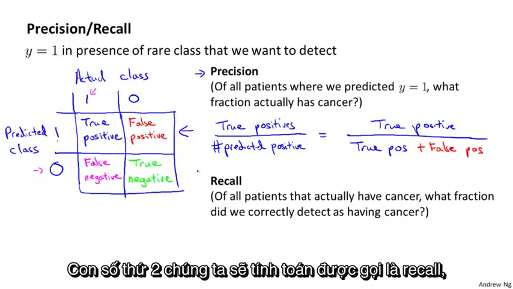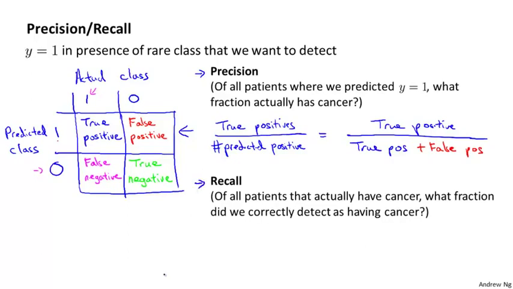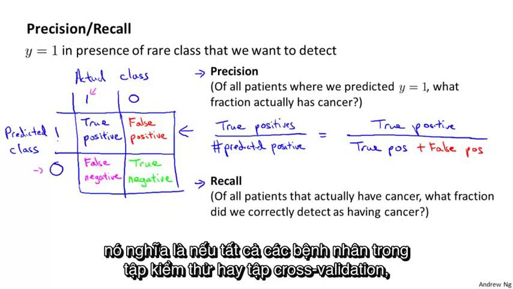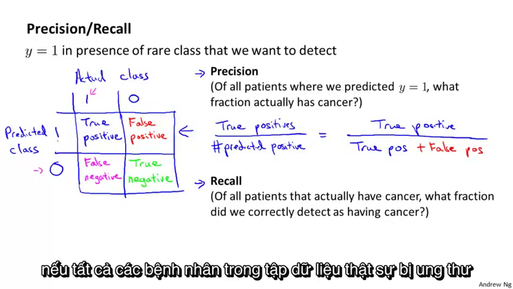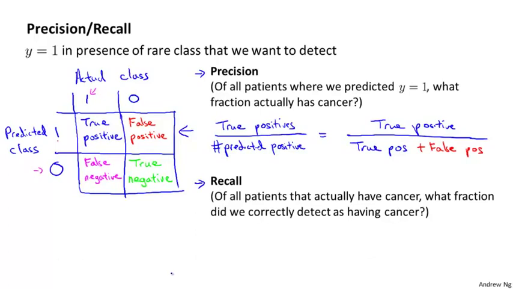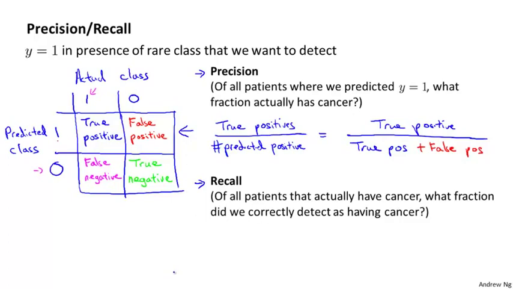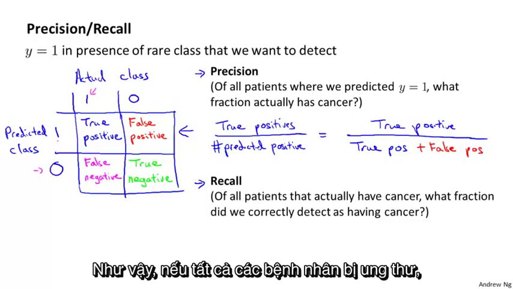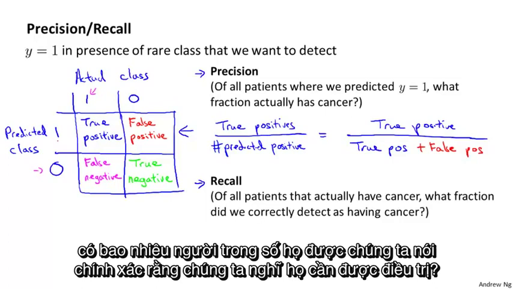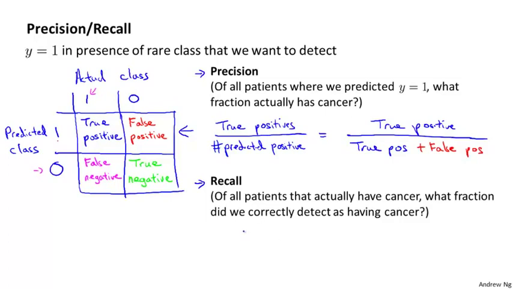The second number we're going to compute is called recall, and what recall says is, of all the patients in the test set, or in the cross-validation set, that actually have cancer, what fraction of them did we correctly detect as having cancer? So if all the patients have cancer, how many of them did we actually go to and correctly tell them that we think they need treatment?